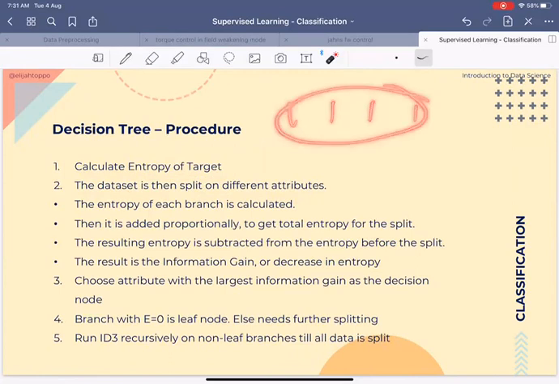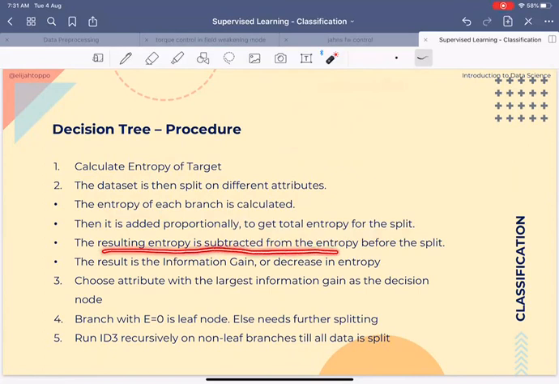We'll evaluate the entropy for each branch. After the entropy for each branch is calculated, it is added proportionally to get the total entropy for the split. Once we have that, the resulting entropy is subtracted from the entropy before the split, which gives us our information gain or decrease in entropy. Doing all these steps helps us split the data set on an attribute.